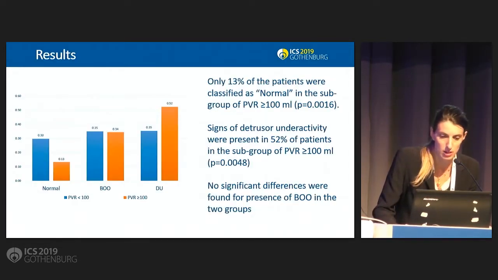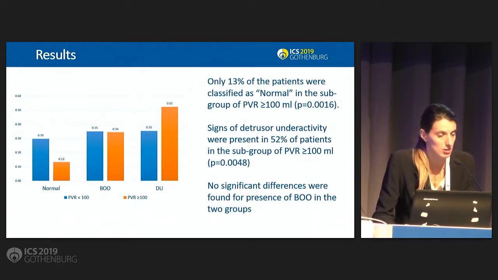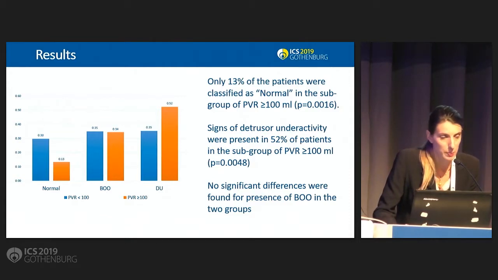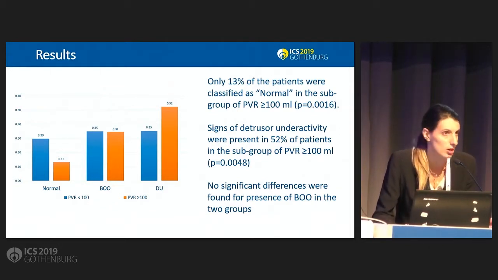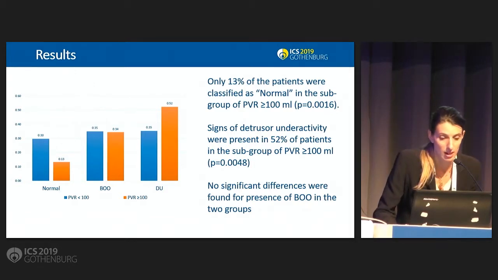In fact, these are our results. In the group with a PVR under 100, the patient has one possibility out of 3 of voiding normally or showing abnormal findings.